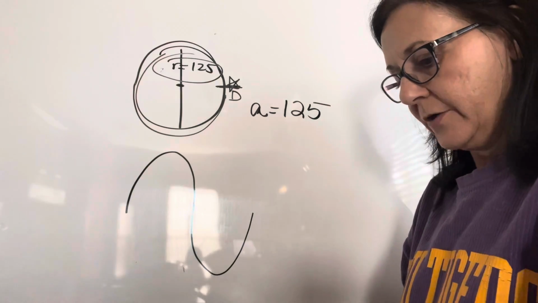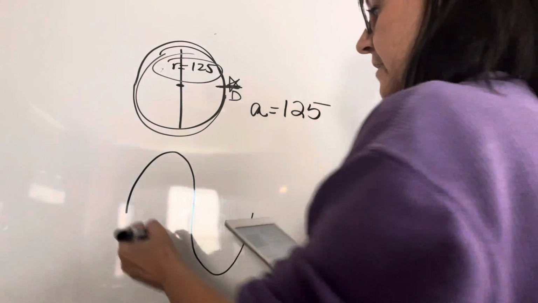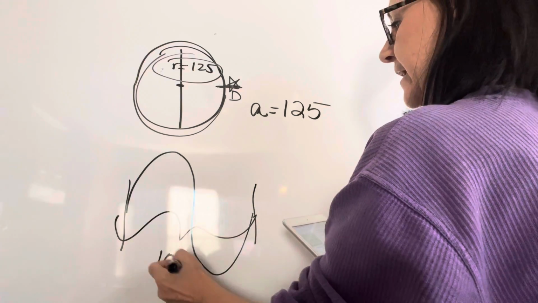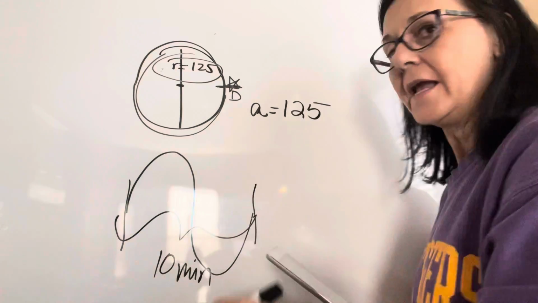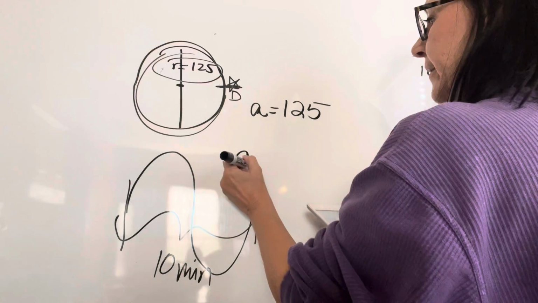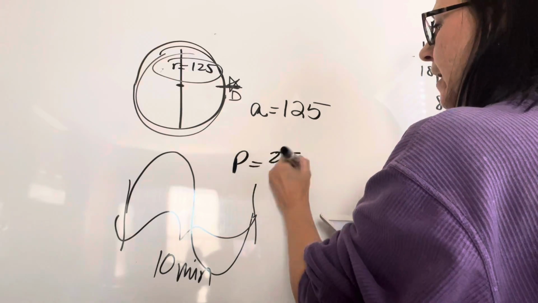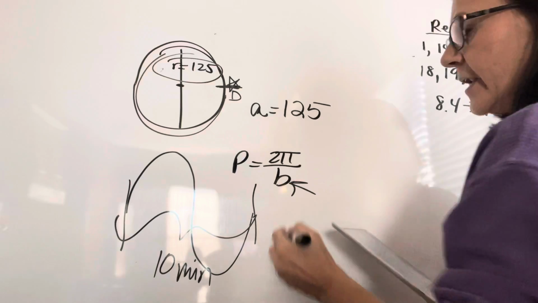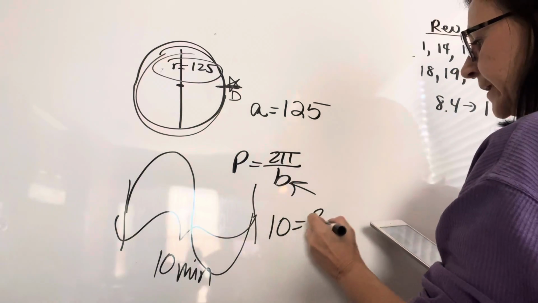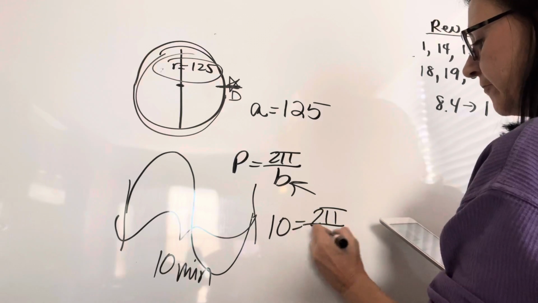And it says it made 1 revolution every 10 minutes. So from start to finish is 10 minutes. Time is always your period. And remember, period equals 2 pi over b. For the equation, I want this b value. So 10 is 2 pi over b.